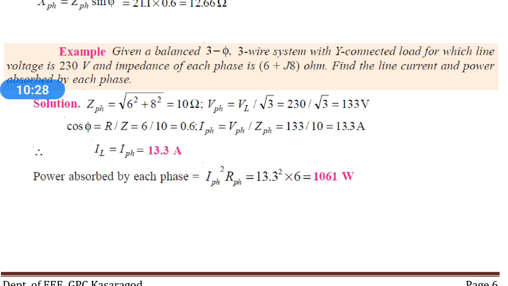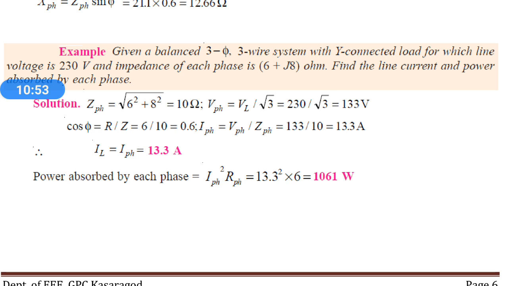Here one small problem is given. Given a balanced 3-phase 3-wire system with star connected or Y connected load, for which line voltage is 230 volt and impedance of each phase is 6 plus j8 ohm. Find the line current and power absorbed by each phase.